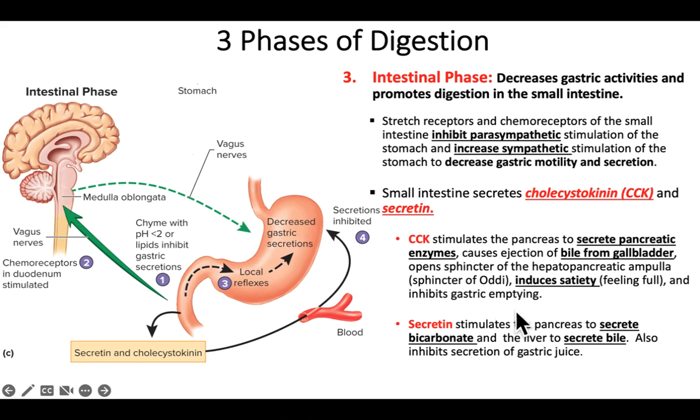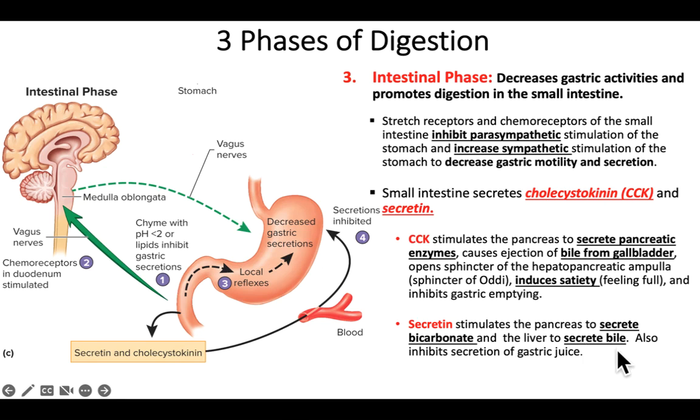Secretin is also going to stimulate the pancreas, but it's going to tell the pancreas we need a buffer, right? We need bicarbonate because the chyme that's entering the small intestine is very acidic. All right, so we need to buffer it right away. And that's another job of your pancreas. And then secretin also tells the liver you need to produce more bile.